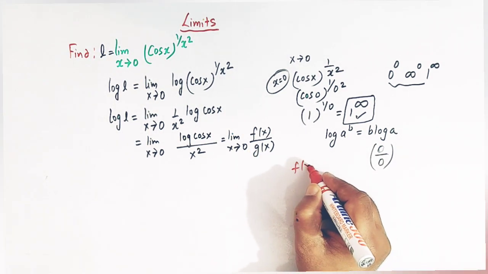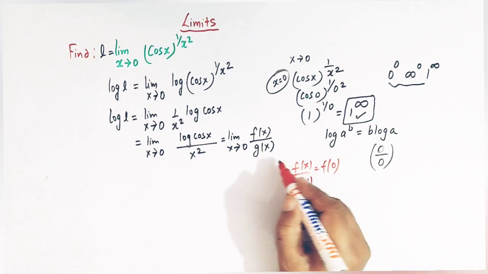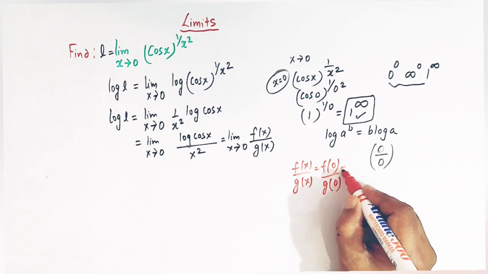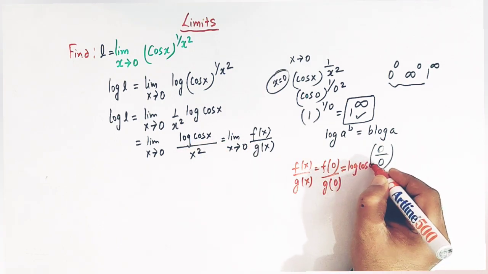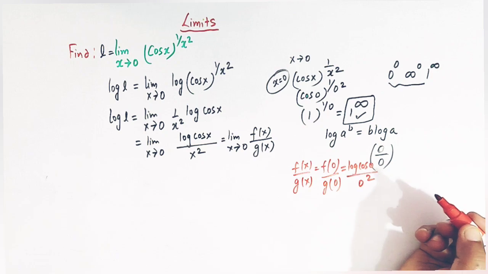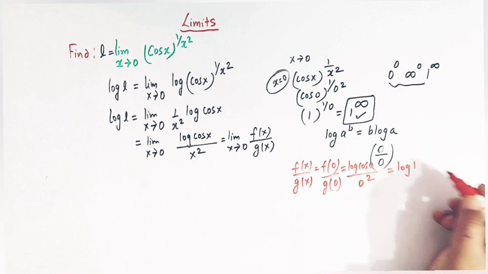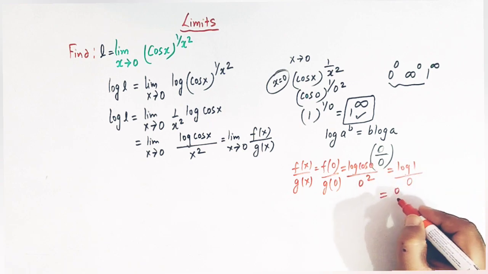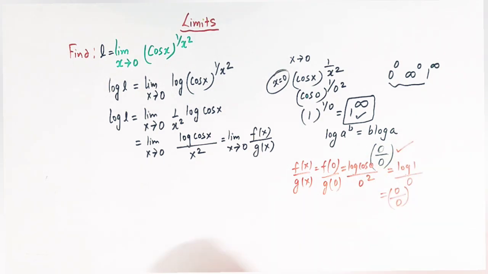So here f of x divided by g of x, for x is equal to 0, we have f of 0 over g of 0, and f of 0 is log of cos of 0, right? And in the denominator we have 0 square. Now see, log of cos 0. Cos 0 is 1. So here we have log of 1, and 0 square is simply 0. Log of 1 is 0. That is 0 divided by 0. And here we have this form, right?